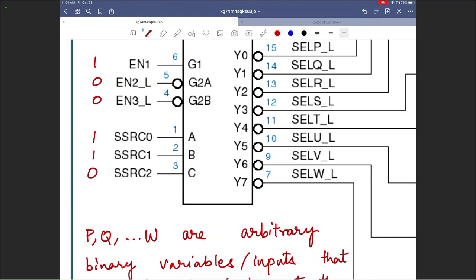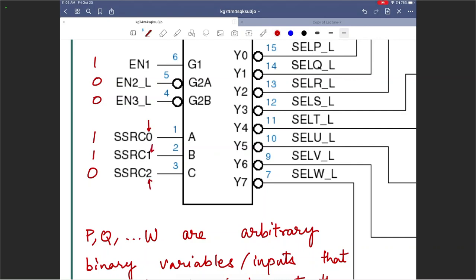I have associated source 0, source 1, source 2 with three values, 1, 1, 0. For the decoder, is A most significant or least significant? Yeah, here it is. You see this? 0, 1, 2.